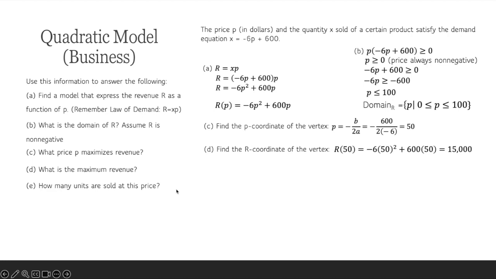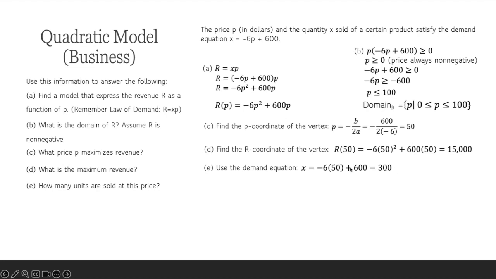Nothing more than that. How many units are sold at this price? Remember that you start with the demand equation. The demand equation is the only one that contains the quantity sold. So you're going to use the demand equation, replace the price by 50, and obtain the amount of products sold.